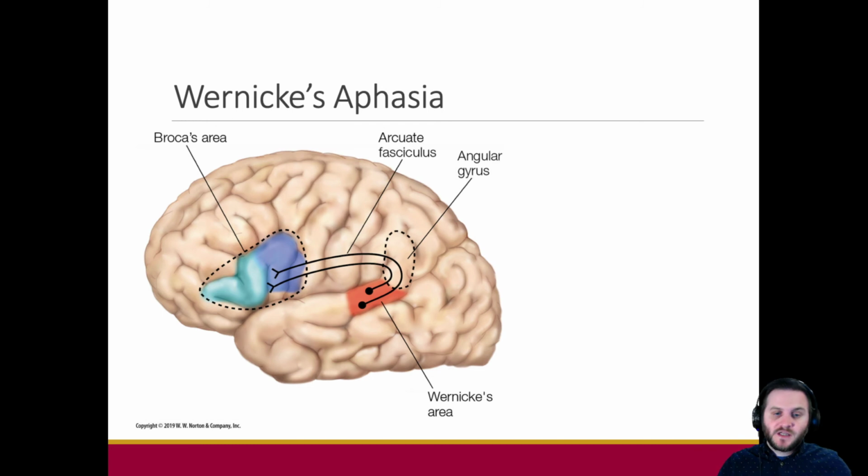Speech comes at you fast. You need fast neurons to assist you with that. Right? So, we want white matter, right? So, Wernicke's area. Speech comprehension.